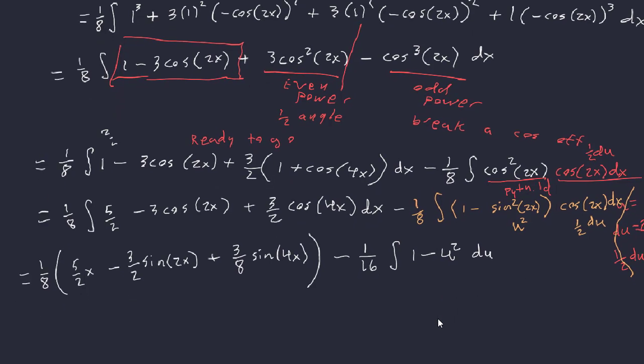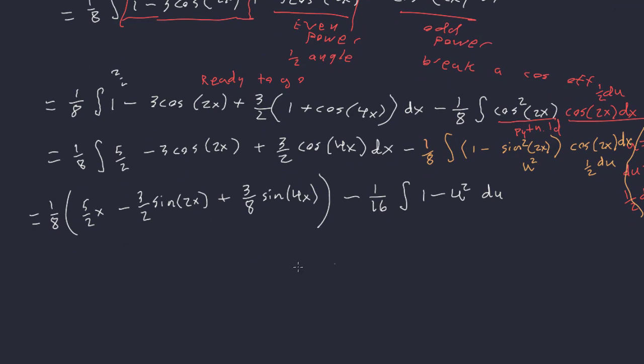And we're almost done. This part is just going to basically remain the same. I can distribute that 1/8 if I want to and get 5/16 x minus 3/16 sine of 2x, plus 3/64 sine of 4x.